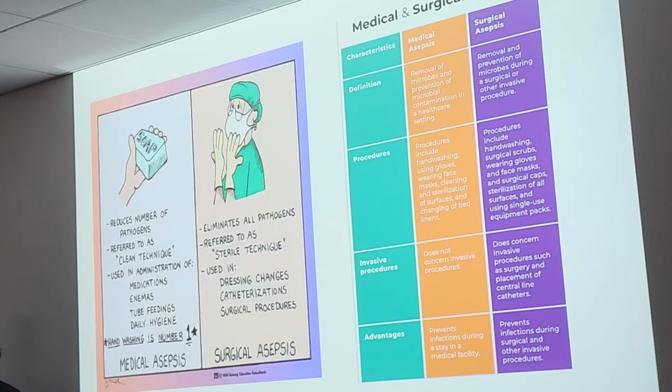Hand washing is obviously number one, and then you'll see them wearing gloves. And then surgical asepsis is the complete elimination of all pathogens, and we refer to it as the sterile technique. And it's used in surgery, any sort of catheter insertions, and dressing changes.